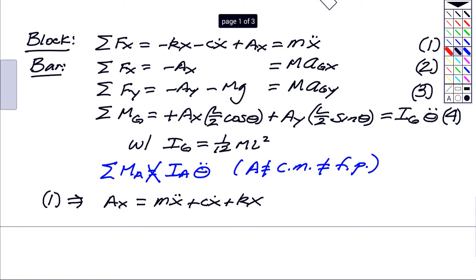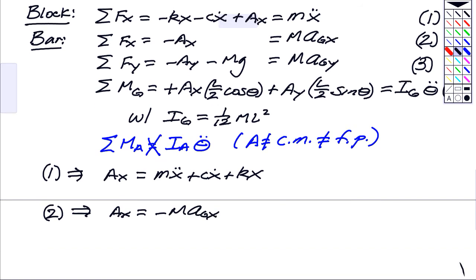I'm going to write equation 2 in just a very slightly different form, where AX is equal to minus m a_Gx, and equation 3 I will write AY as being minus mg minus m a_Gy.